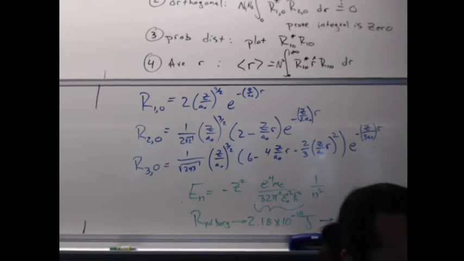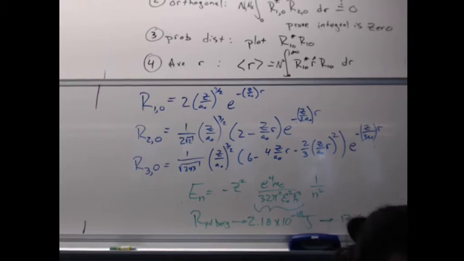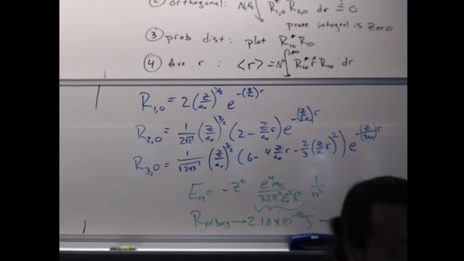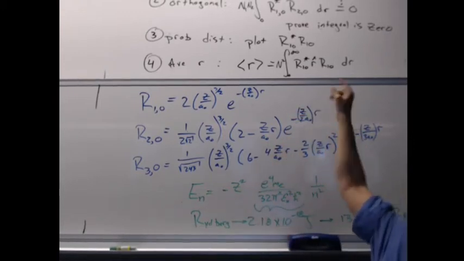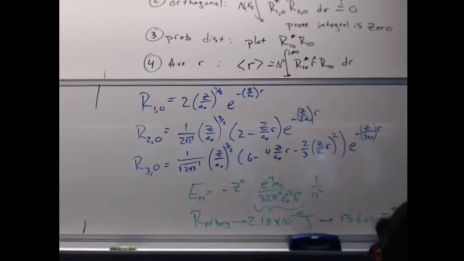Yeah, the nodes are places where you have 0 probability. Oh, and I forgot something. In my equation, you're going to have psi r squared, but you're also going to have r times psi r squared, because that r operator is just like the x operator, it's just multiply by r.